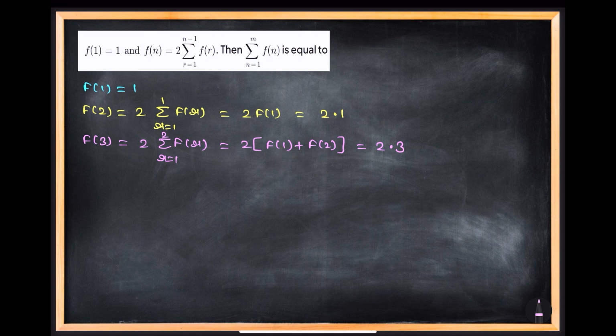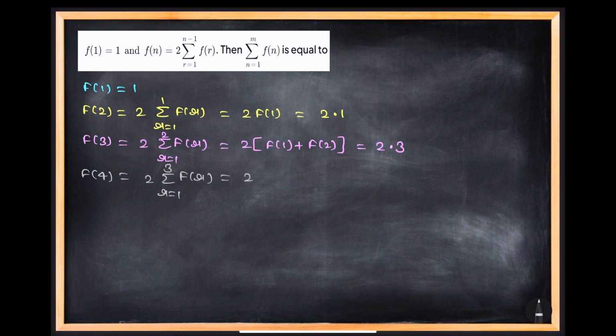Okay. Now look at the next part. Now we are interested in finding f of 4. So f of 4 is what? 2 times summation, r equals 1 to 3, f of r.